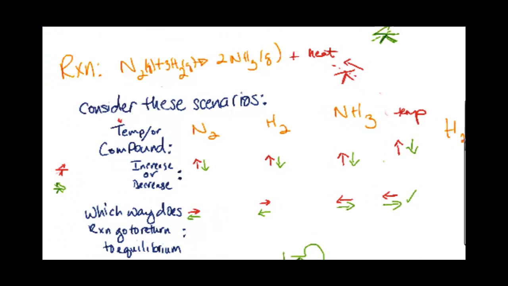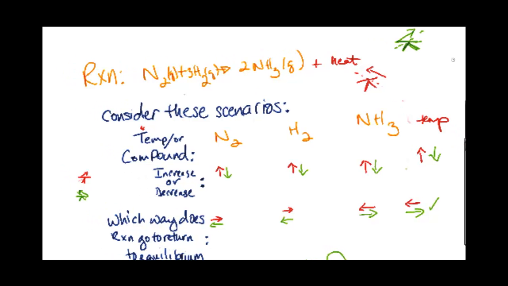I didn't do volume, did I? Let's do volume. I'm going to try to sneak volume in over here on the left hand side of the table. So if I put volume, that's the thing we're changing, not compound or temperature. Let's say I increase the volume, or decrease. Let's look at decrease, the main one we really care about.